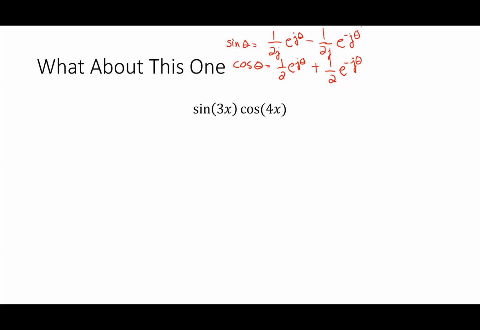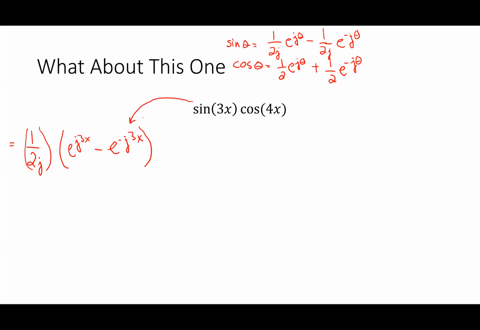So I can use that here, and that means this has to be 1/2 times 1 over j, so 1 over 2j, times e to the j 3x minus e to the minus j 3x. That's the sine term.